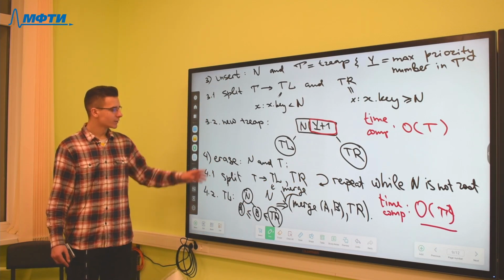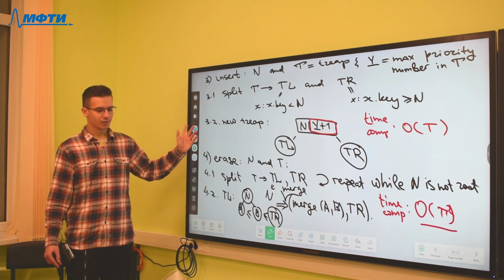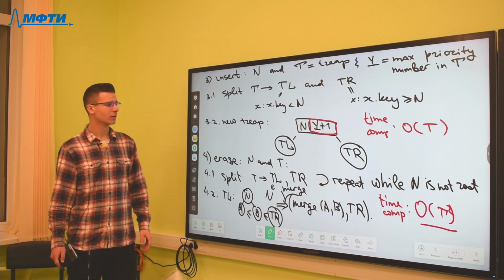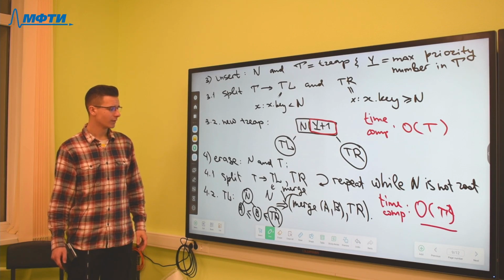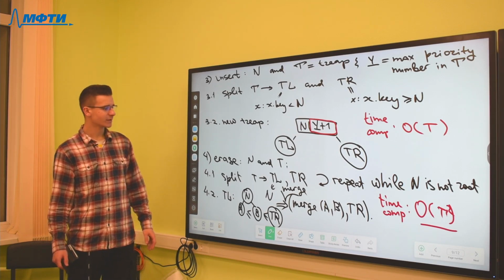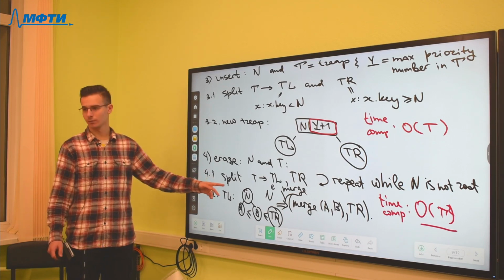So it's about two operations. Of course, there are other operations of the Cartesian tree, but all of them are based on merging and splitting, you see.